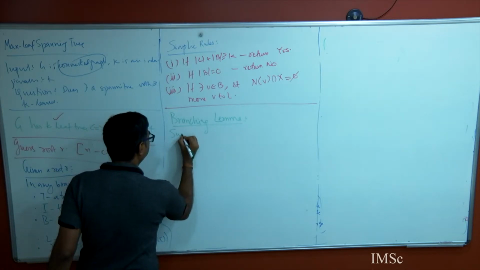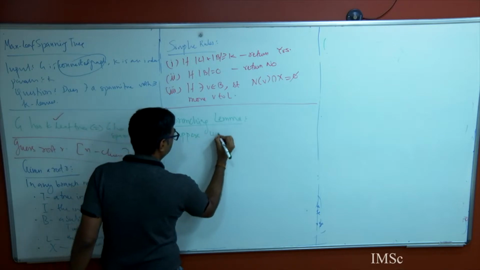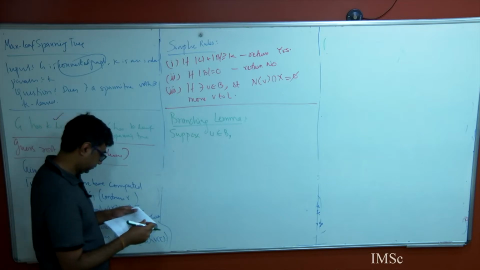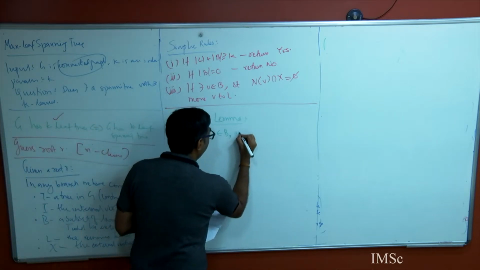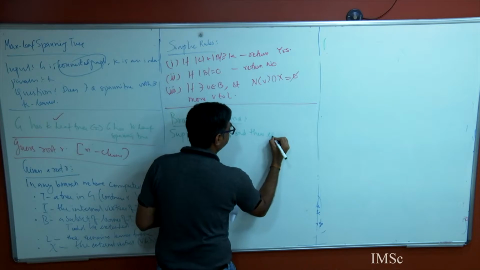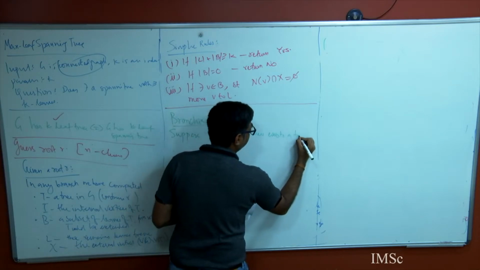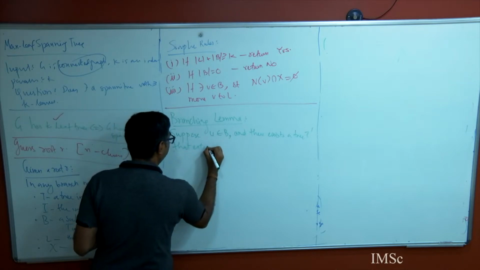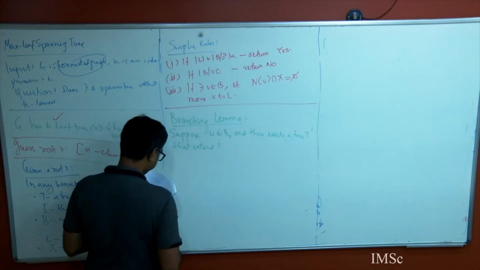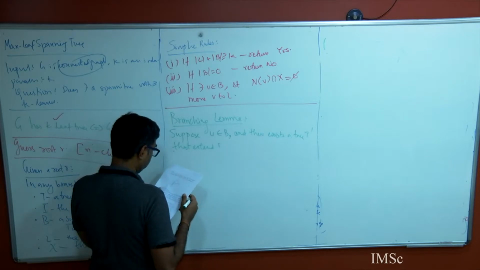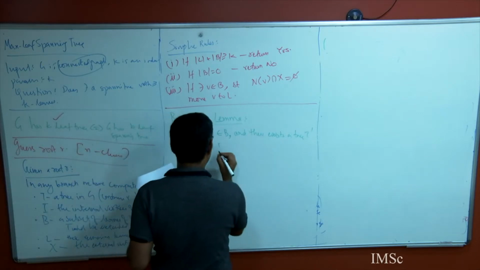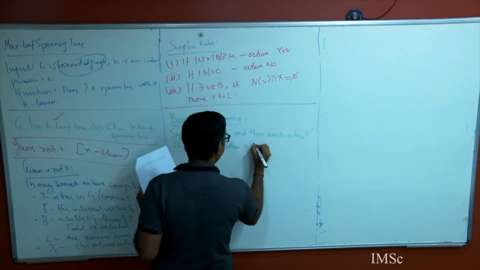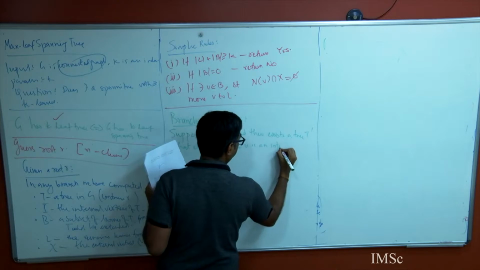So suppose U is in B, so U is a vertex which can be extended, and there exists a tree T prime that extends T where U is an internal vertex of T prime.